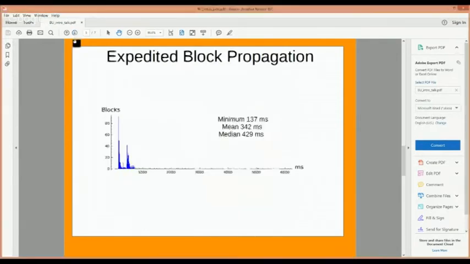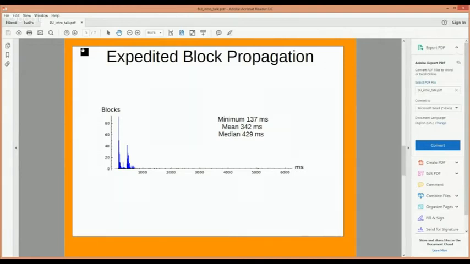So that's what Xthin block compression is. Expedited block propagation is where, right now, the Bitcoin protocol has this very formal handshaking system where a node says, I have this block, do you want it? And then the other node replies back, yes, I do want that block.